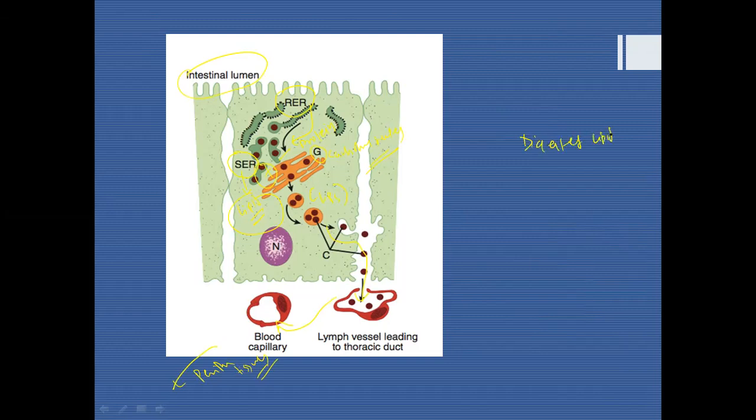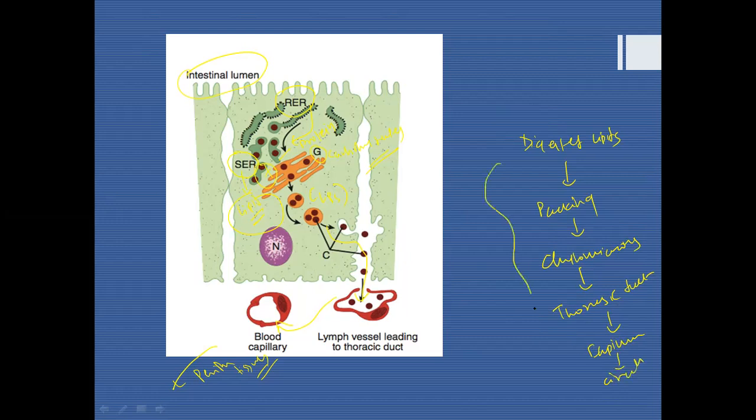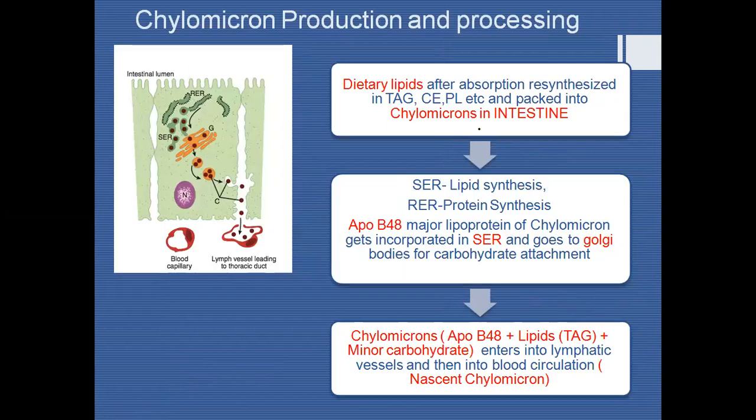Okay, packing will be done in the form of chylomicron, and chylomicron will come into the thoracic duct, and then from thoracic duct it goes into the various capillaries or into the circulation. Okay, so this is the pathway of circulation of chylomicron.